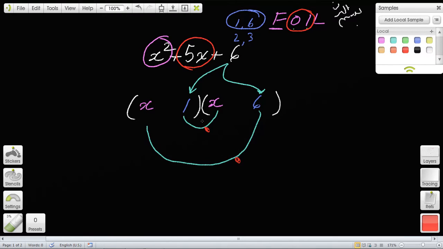Because remember, we said these are like terms, correct? So the question here is, do these add up to give you 5?